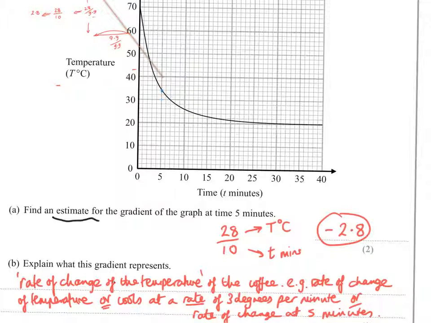So there's the explanations for you. We've got rate of change of the temperature of the coffee, e.g. a rate of change of temperature, or cools at a rate of, and you can say 3 because it's just a rough estimate. You can put 2.8 in there if you want. A rate of 3 degrees per minute, or a rate of change at 5 minutes because it was at the 5-minute mark.